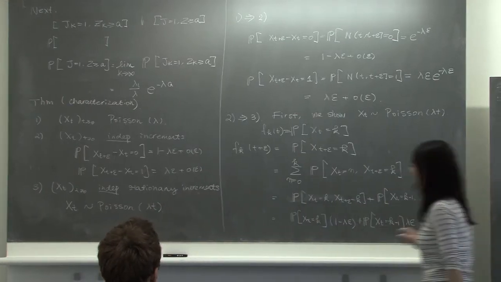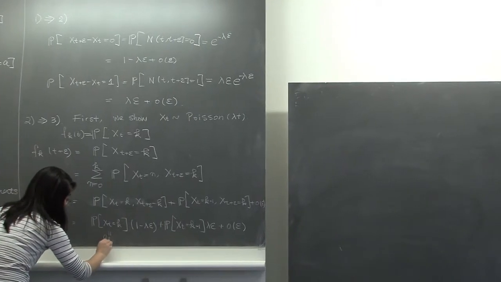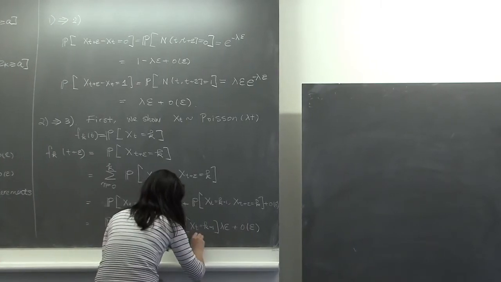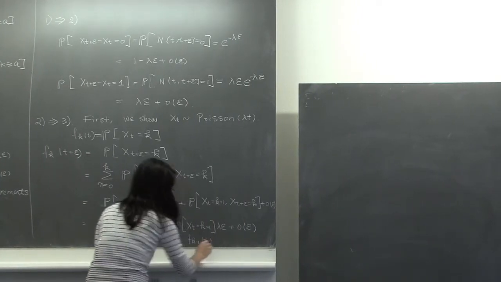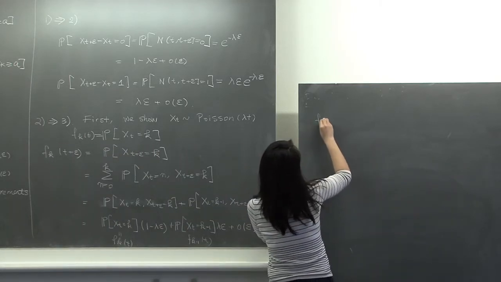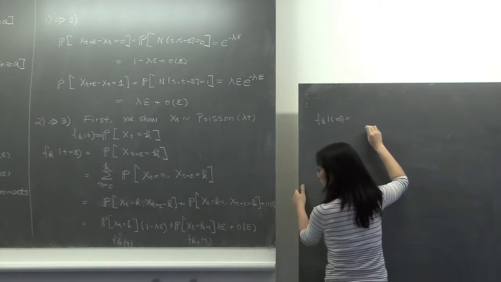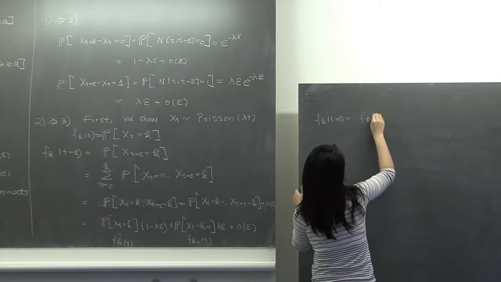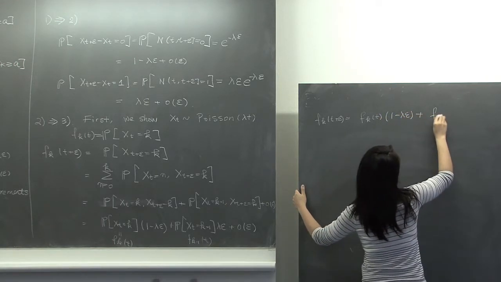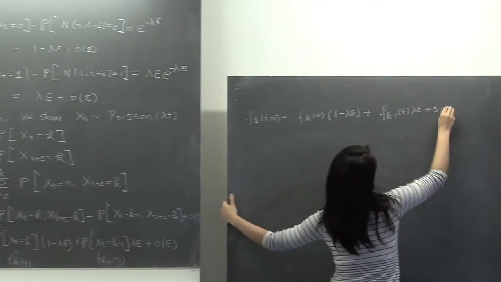If we arrange this expression, here by definition it equals f_k(t), and here by definition it equals f_{k-1}(t). So what we have proved is f_k(t plus epsilon) equals f_k(t)(1 minus lambda epsilon) plus f_{k-1}(t) lambda epsilon plus an error term.